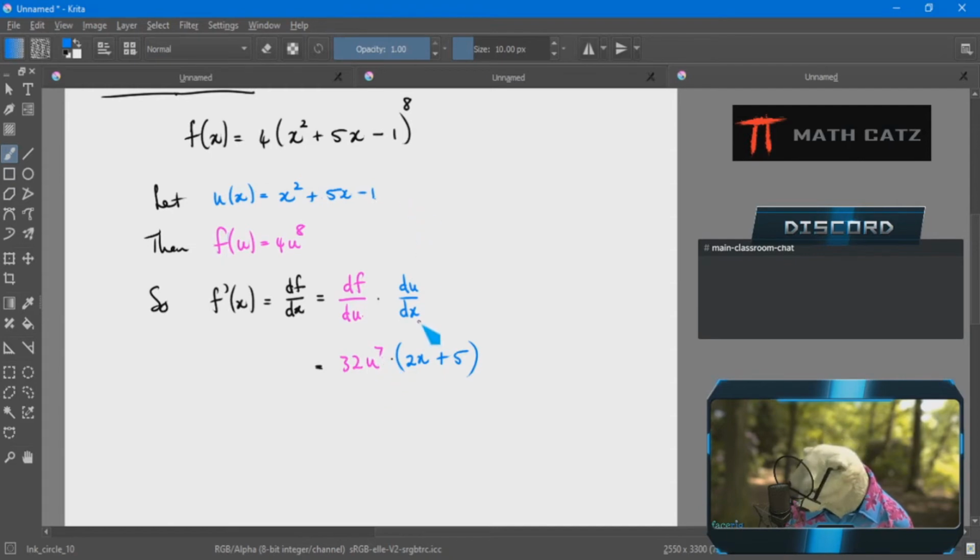Look at the properties involved in the blue one. All basic properties. Sum difference property, constant times a function, power rule, constant property, done. Yet, I am able to handle more complicated functions. So the chain rule really gives me a way to systematically find the derivative of a more complicated function by doing my simple properties. It tells me how to piece them together.